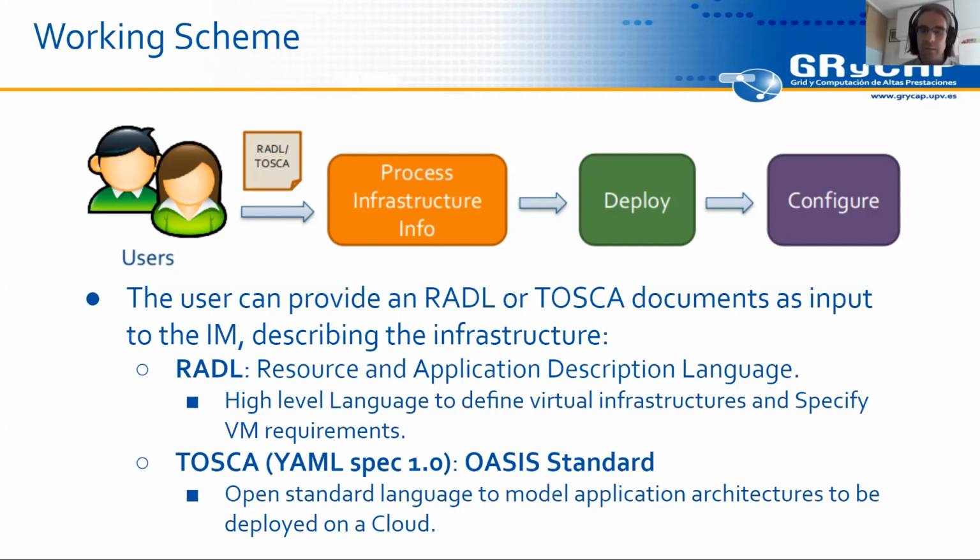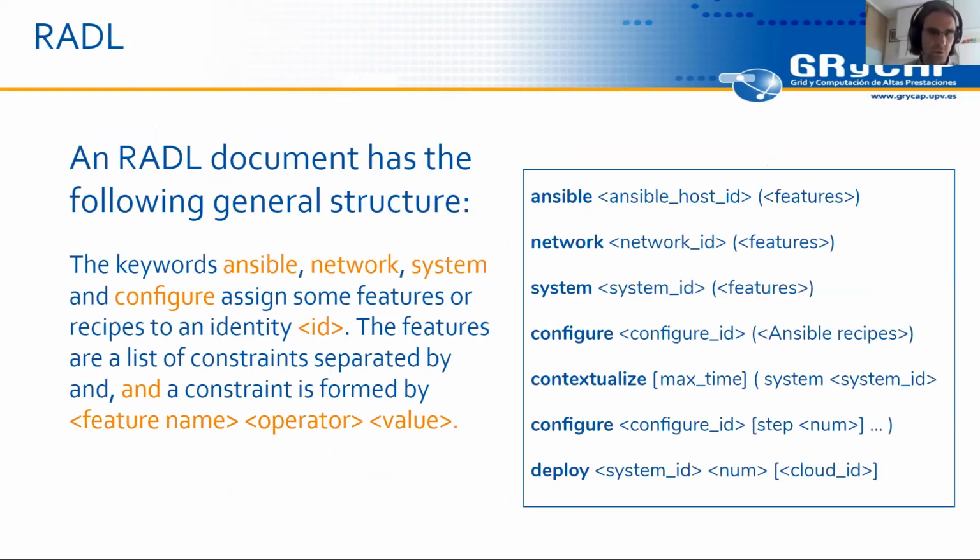That is a high-level language to define virtual infrastructures. And in the case of TOSCA, we are supporting the YAML spec 1.0. That is an open standard to model application architecture. In the next slide, I will show some examples of how both languages work.